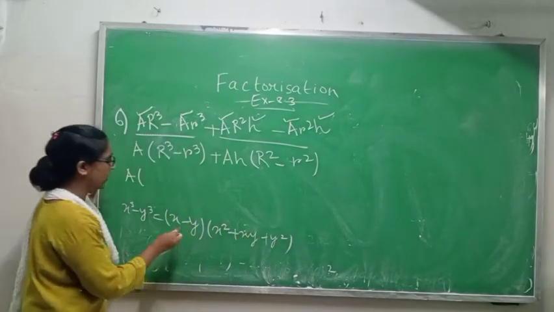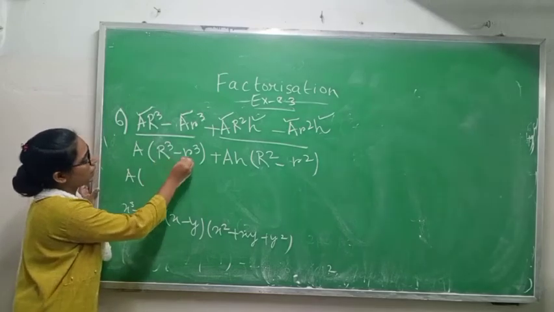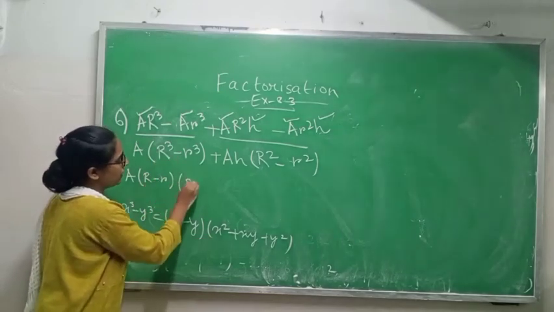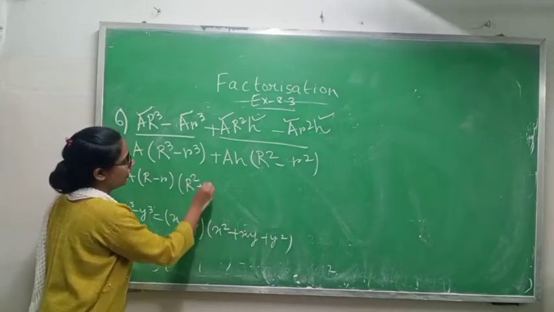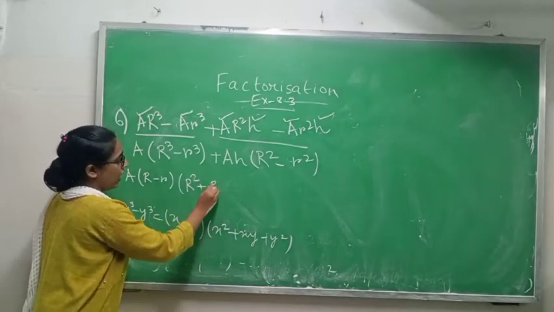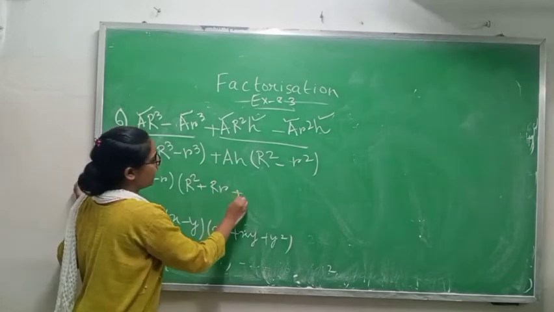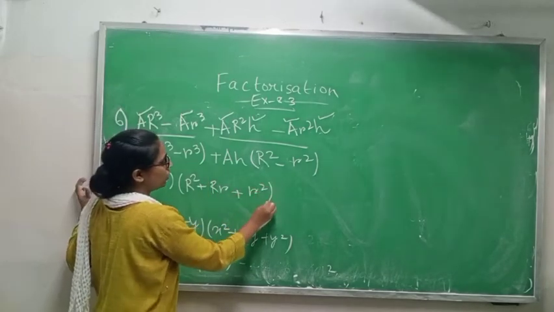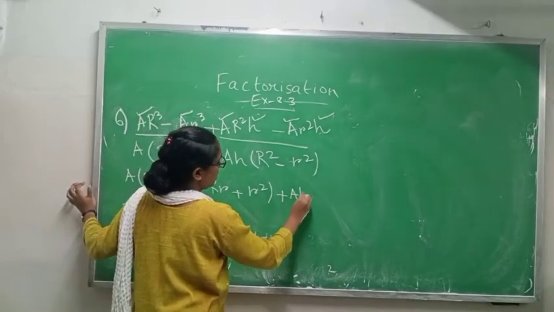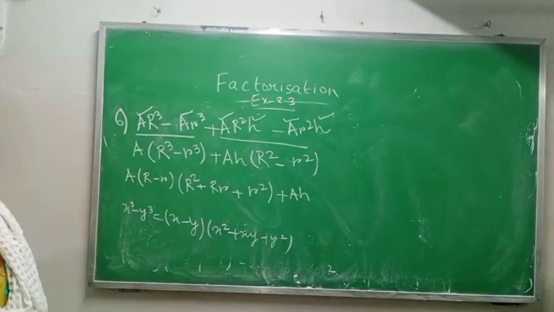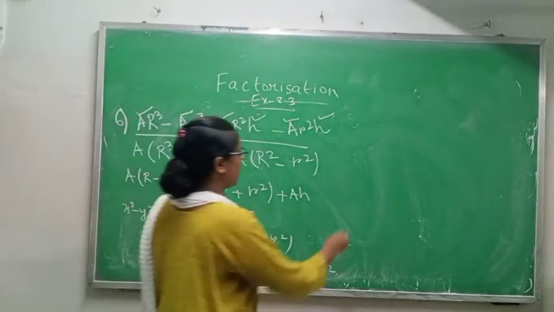Same thing you will do: x minus y means capital R minus small r. Then x square is capital R square plus xy, meaning capital R small r, because we have capital R and small r. Now plus y square means small r square. Now this formula you know: a square minus b square formula is a plus b, a minus b.